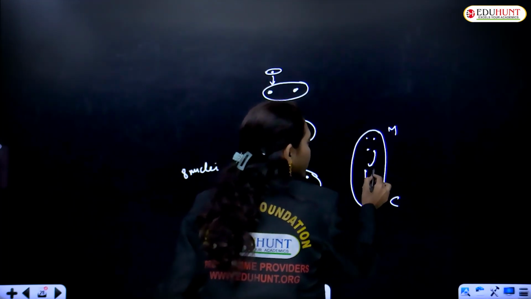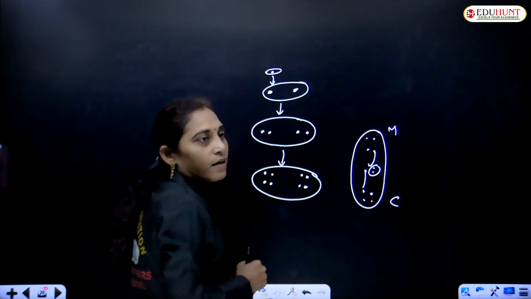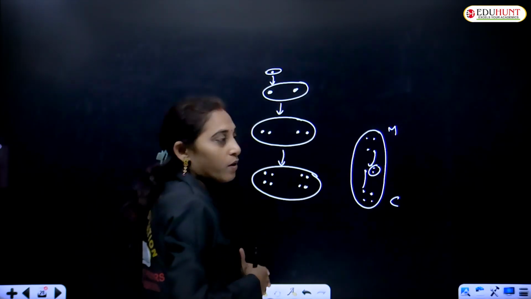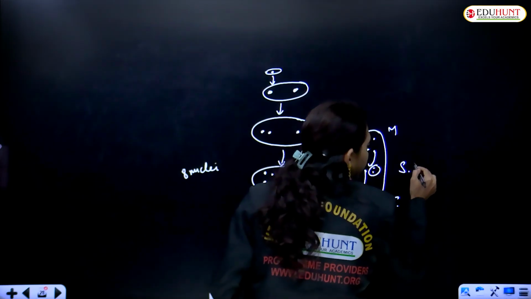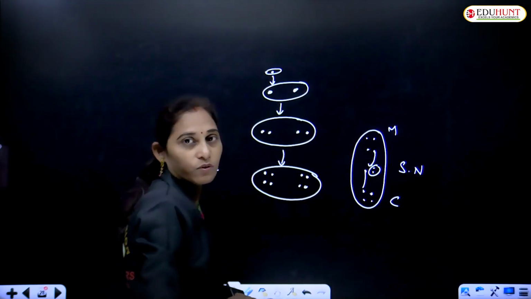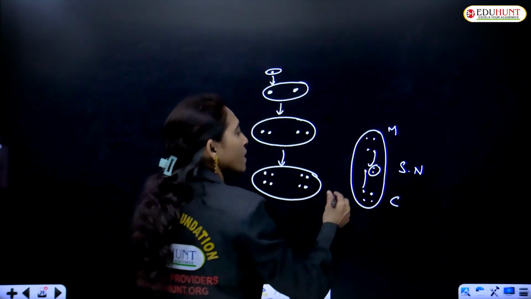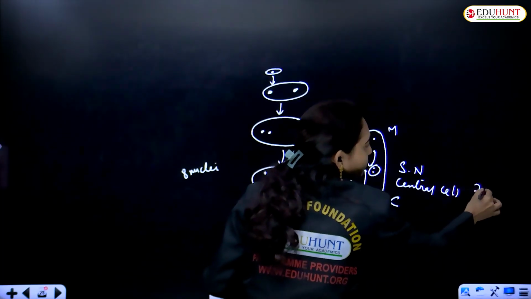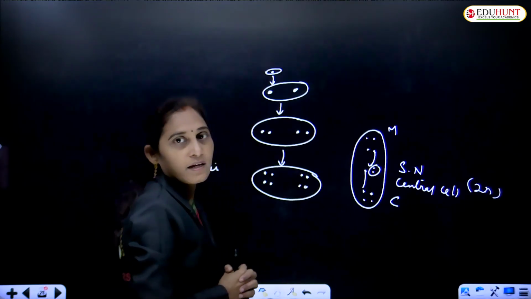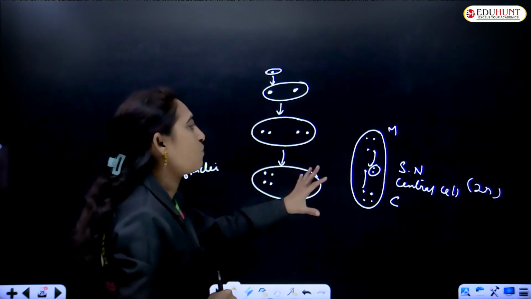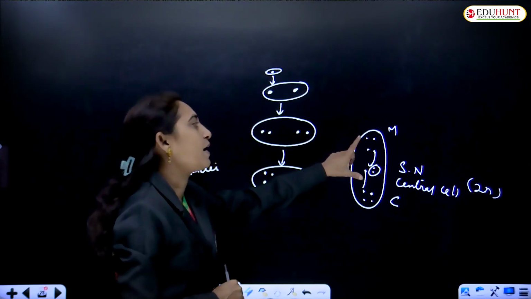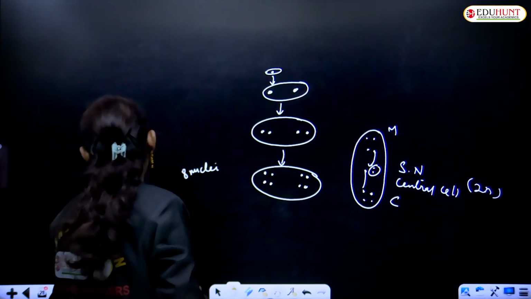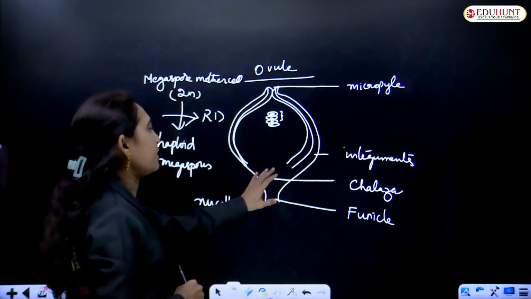At the center these 2 nuclei fuse to form a fusion product called the secondary nucleus, or the central cell, which is a diploid one because 2 nuclei got fused. Now we have 3 nuclei at the micropylar region and the remaining 3 at the chalazal end.